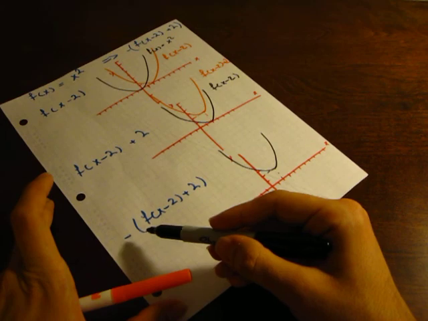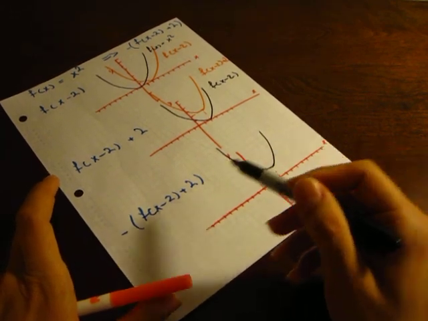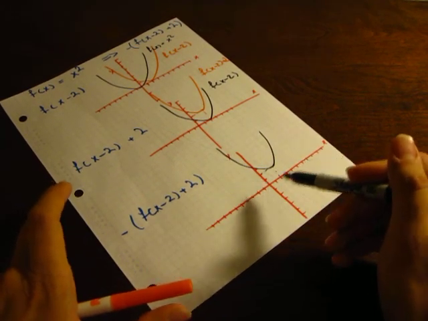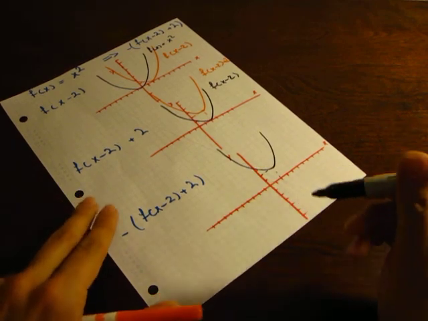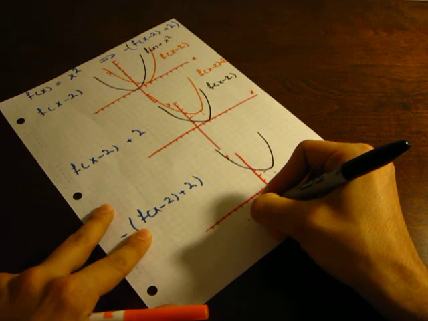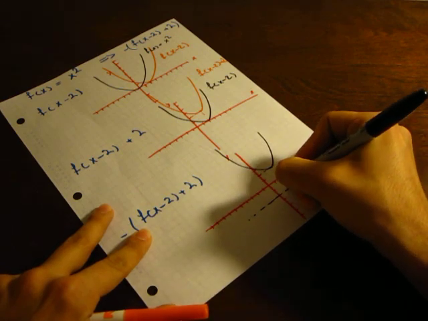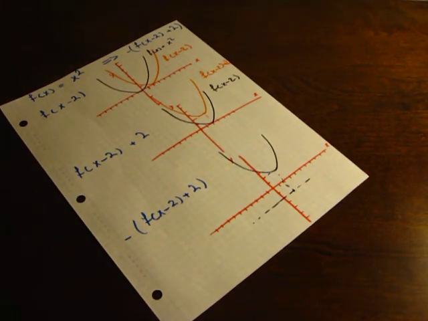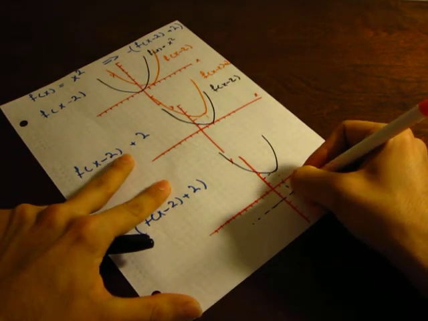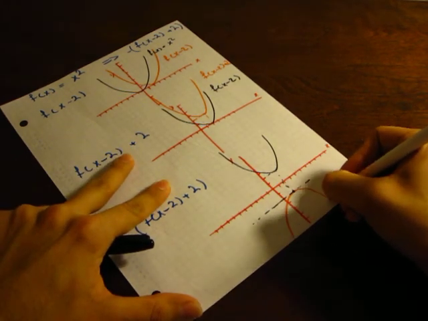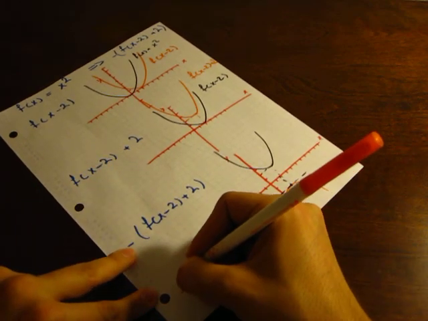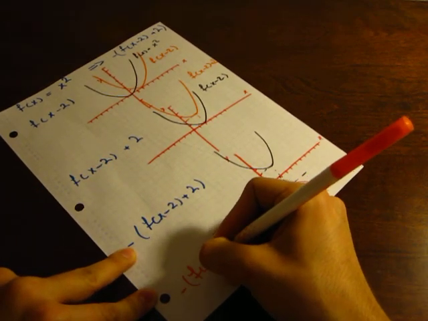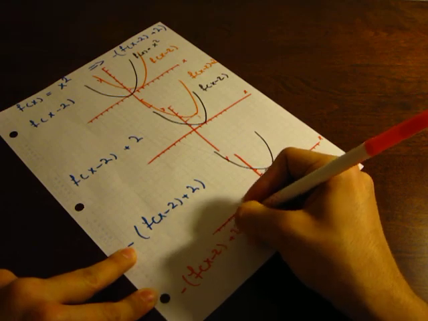This negative sign is telling me I need to flip the whole entire graph with respect to the x-axis. So I pick negative 2 right here. And this orange one is negative f of x minus 2 plus 2.